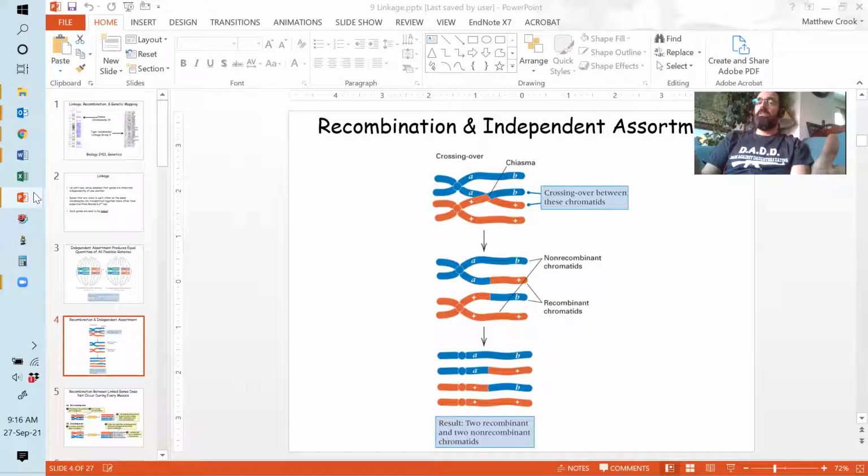So if they're so close together that recombination never occurs between them, what ratio of parental to recombinant chromosomes do you get? This is the same as the analogy of the goalposts being essentially touching right next to each other.